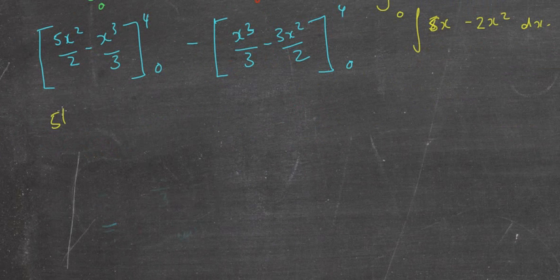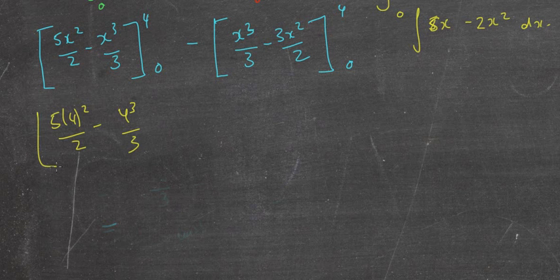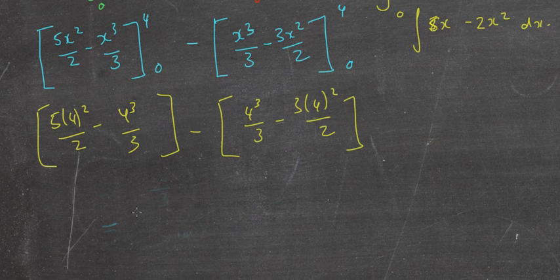So we get 5 times 4 squared over 2 minus 4 cubed over 3, minus 4 cubed over 3 minus 3 times 4 squared over 2, and then simply put that into the calculator to get the following. So it's going to be 64 over 3 units squared.